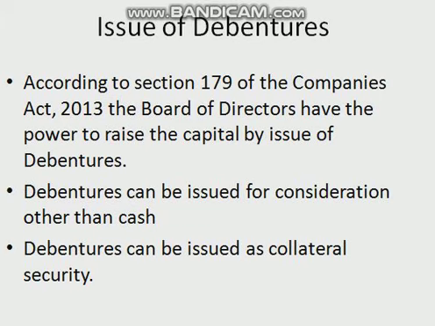So this way we are going to do the journal entries, and in the balance sheet we will write down under the main head equity and liabilities, under the head non-current liabilities, secured loan from UTI 50 lakh and 15% debentures also 60 lakh.